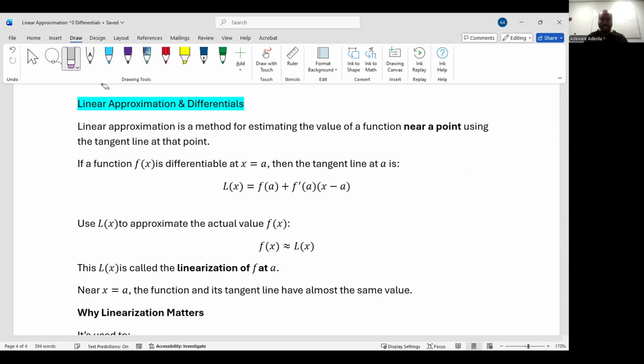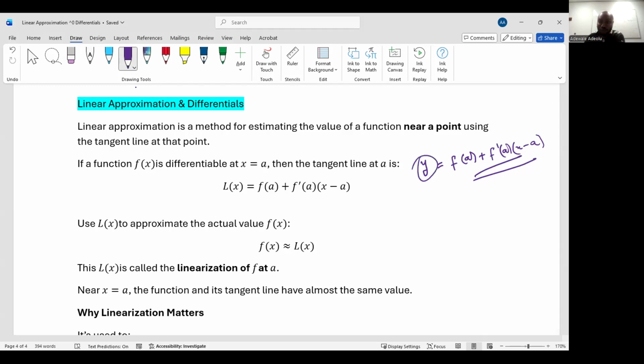Now, we remember that to find the equation of the tangent line, we use this formula: y equals f of a, that particular x equals a, plus the slope there, f prime of a, multiplied by x minus a. We have learned this in past class.